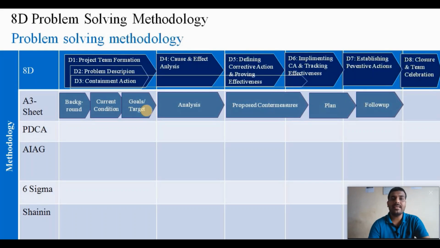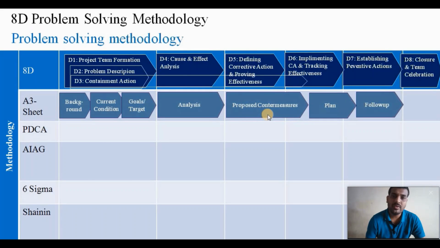Then here come the proposed countermeasures. From those why-why analyses or cause and effect analyses you have to define the corrective measures. Then you have to implement those corrective measures in the plan phase. You have to follow up for completion of those corrective measures. Okay, so this is about the A3 sheet.